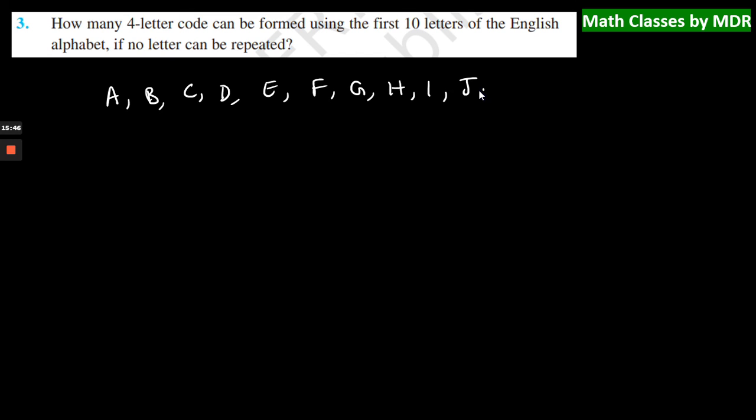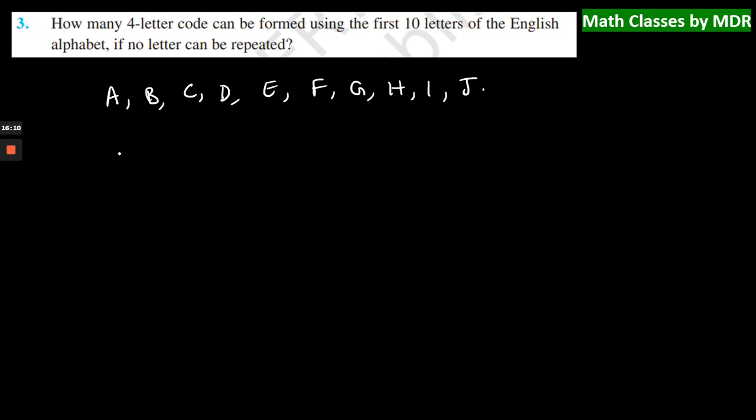Right? So we have to form a code. It does not need to be a word which has a meaning. So any 4-letter code, there is no condition that it should have a meaning, so you can take any alphabet in any place.